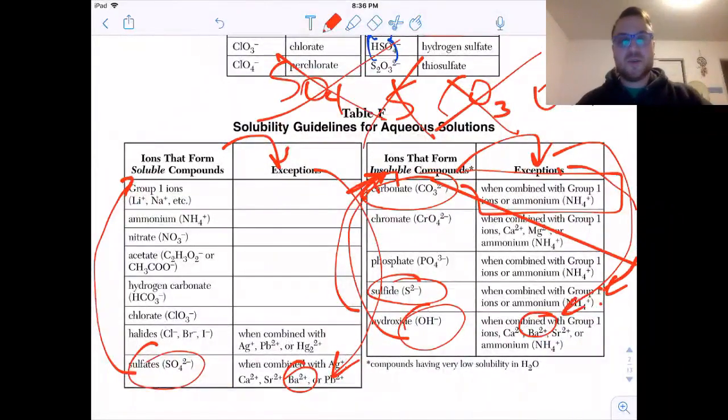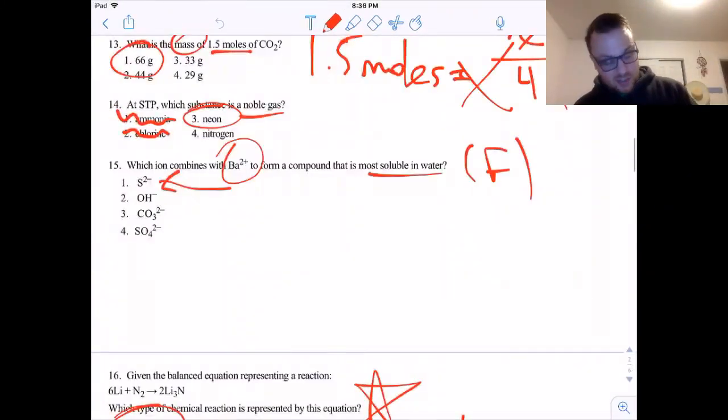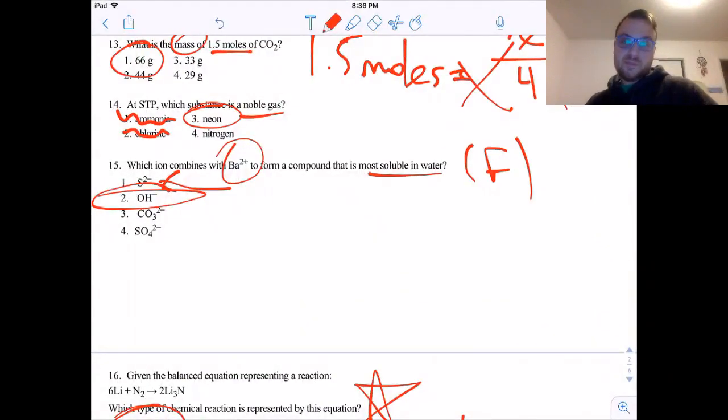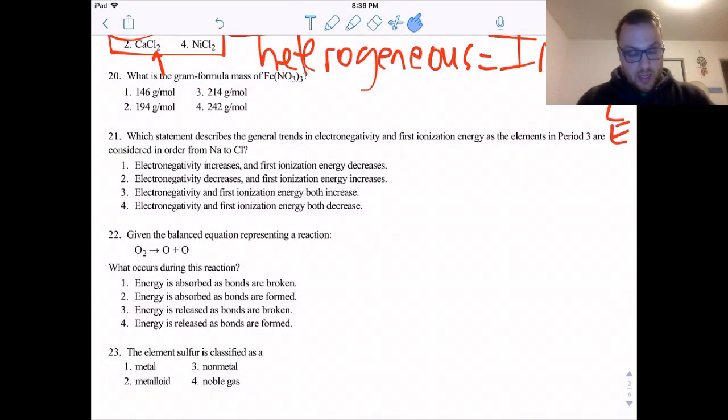20. What is the gram formula mass of Fe(NO3)3? So, that is asking you to add up the weights of all of these elements in this compound. We have 1 Fe that weighs 56. We have 3 nitrogens that weigh 14. And we have 3 times 3, 9 oxygens that weigh 16.